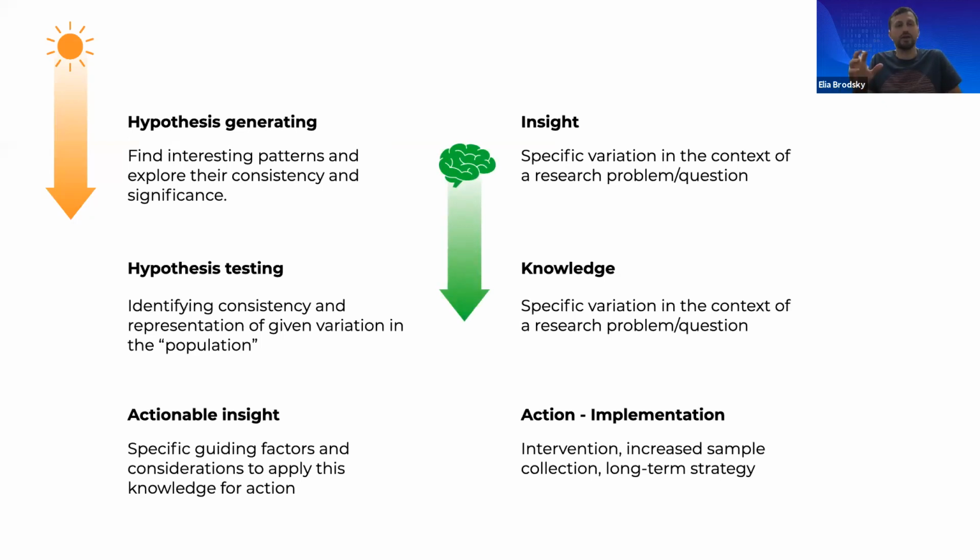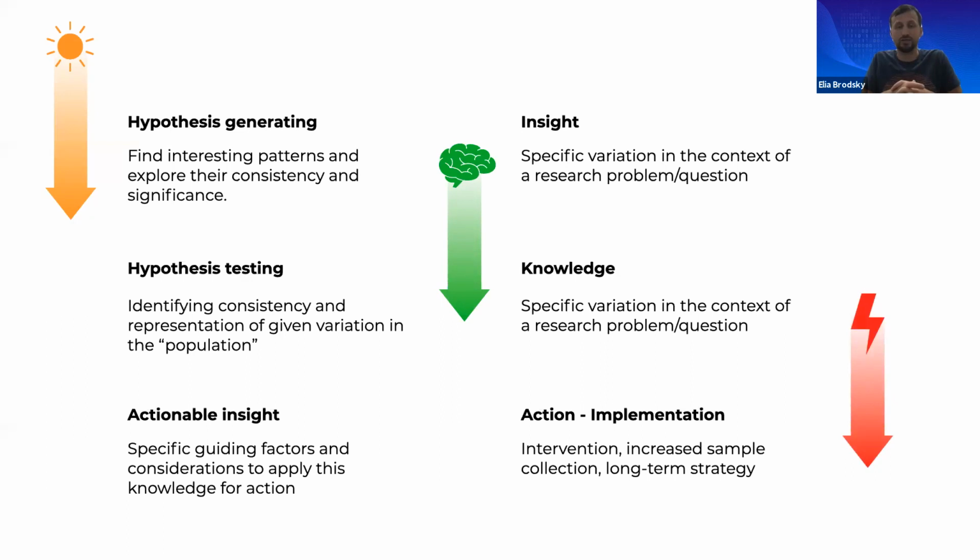And so if you think about it, from getting an idea to specifically generating knowledge that helps put that idea into the proper context, that is essentially what is needed for action or for the implementation of that knowledge.